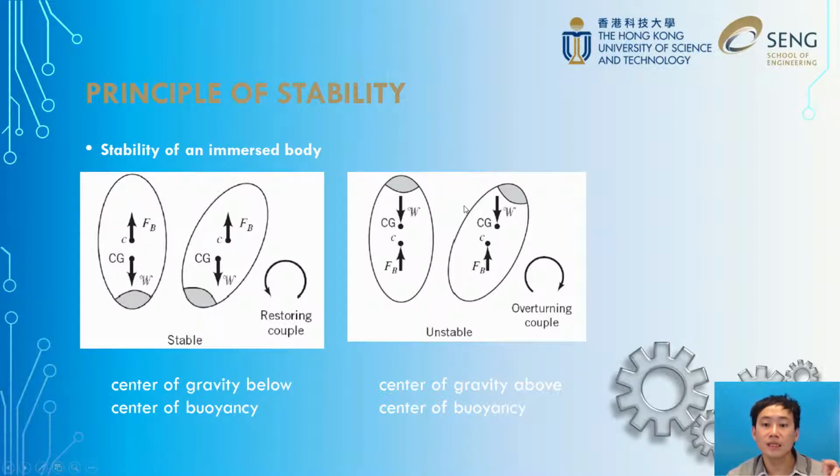But if you give it a small push, and the system moves a little bit, you can see that now a similar situation happens. The horizontal position of the centers now creates a moment arm, and the two forces will turn the whole system in the clockwise direction, which is the same as the movement of the system at this stage.